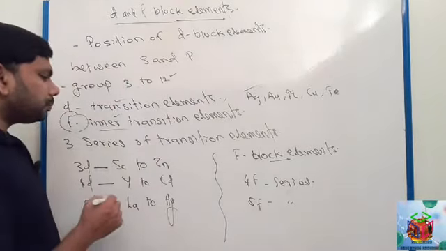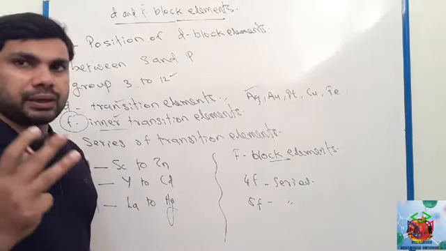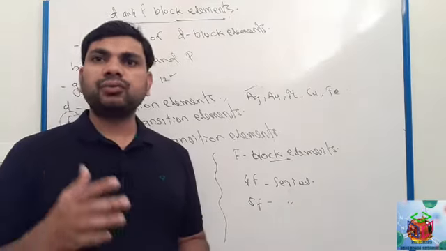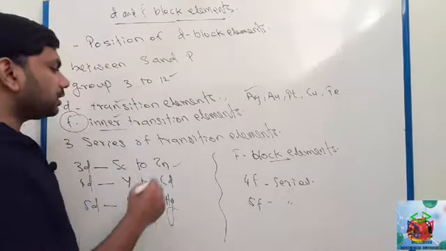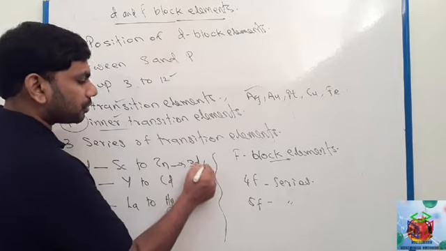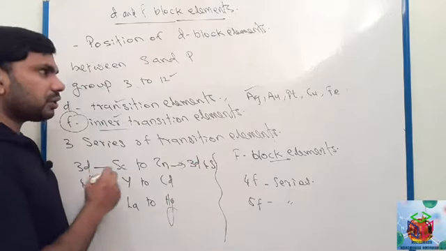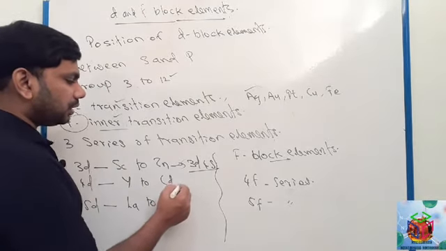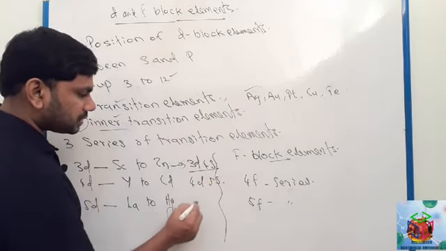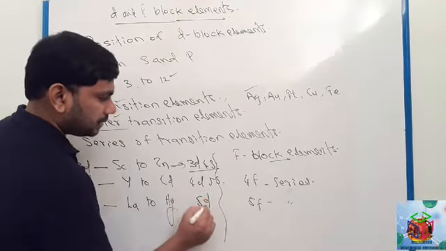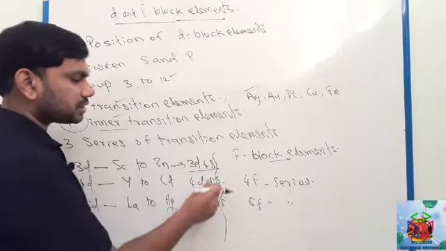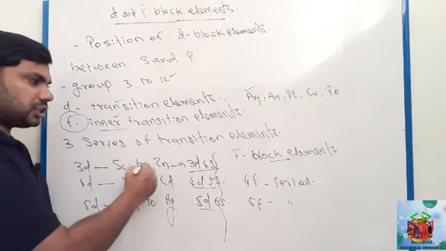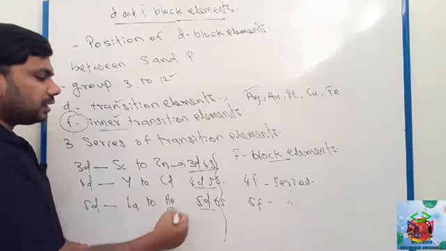Clear? Look here, in the D block elements there are three periods. The first period elements are called the 3D series, then the 4D series and the 5D series, because the outer shell electronic configuration of the first series is 3d 4s, similarly 4d 5s here, and 5d 6s here.